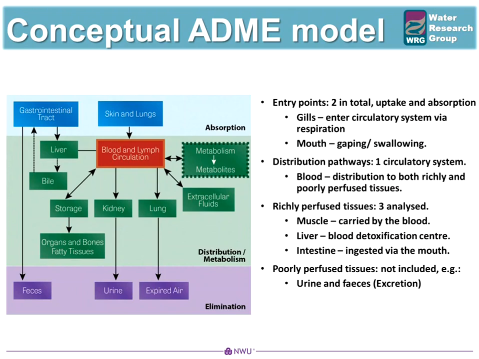Richly perfused tissues that were analyzed included the muscle, liver, and intestines, and the poorly perfused tissues, which were not included in the analyses, would include the urine and the feces, etc.